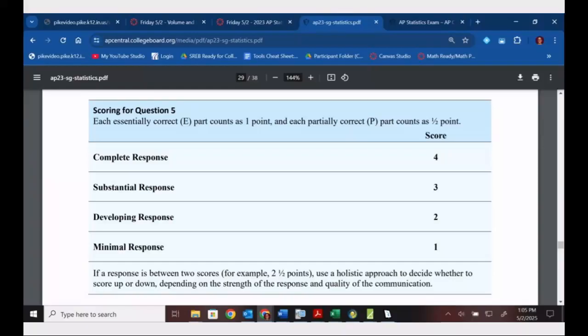But typically what I've seen is that if a student transposes a number wrong, they usually don't count that against them if they continue to do all of the work correctly after that and they had right work elsewhere. Yes? So I got a P because I forgot to add the first chest circumference. So I would round up on that one. Okay. Yeah. If that was the only thing that you missed, everything else was an E, then yeah, I would round up.